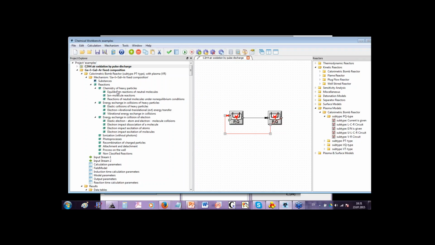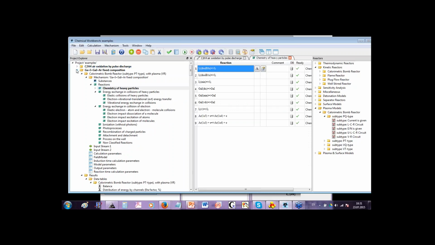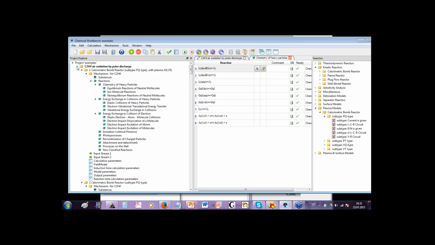There is a chemistry of the heavy particles. An example, maybe more interesting, is the oxidation of ethylene by the plasma. Okay, chemistry of the heavy particles class. There are too many reactions, you see, problem loading them. There are subclasses like ion molecular reaction, equilibrium, non-equilibrium, energy exchange and collision of heavy particles.